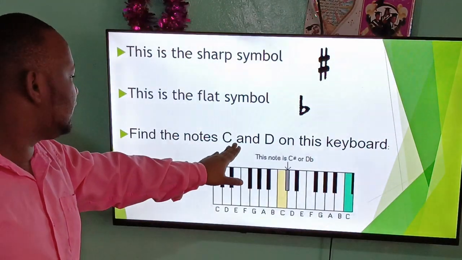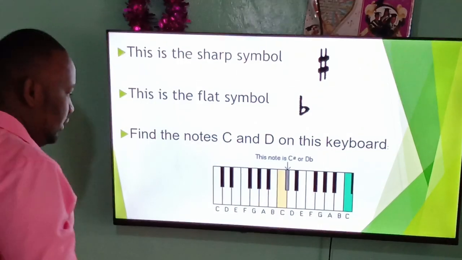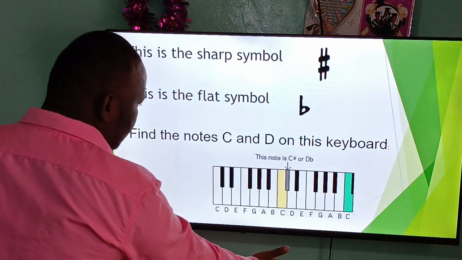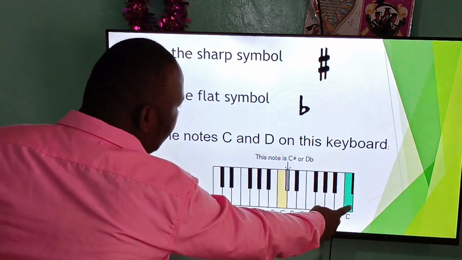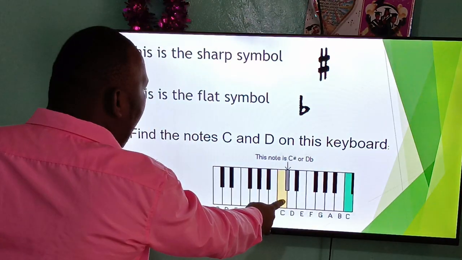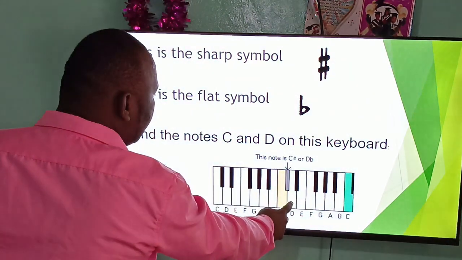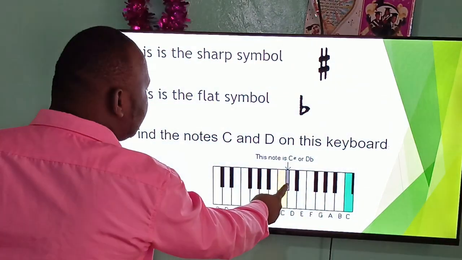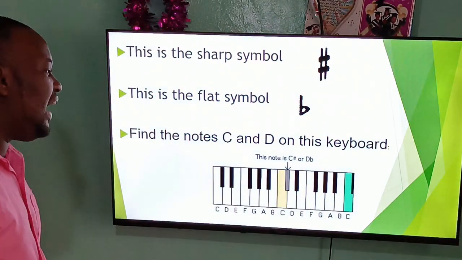Find the notes C and D on this keyboard. We have D here, we have C here, we have C here, we have D here, and we also have another D there. Just between C and D, this is where we have C sharp or D flat. It has two names.